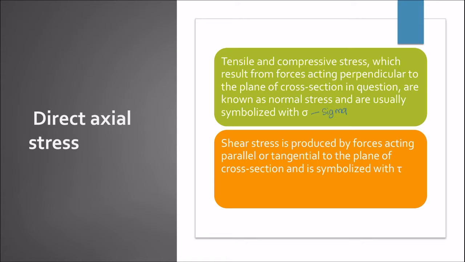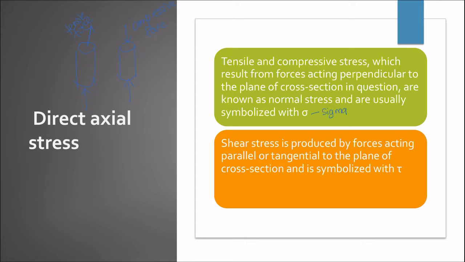Okay, so for normal stress, for example, I have a cylinder here, right? So let's say forces going down, this one is compressive force, and forces pulling up, this is tensile force. We have two types of force.